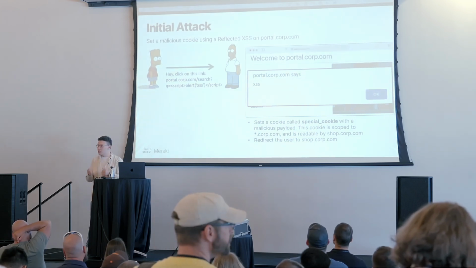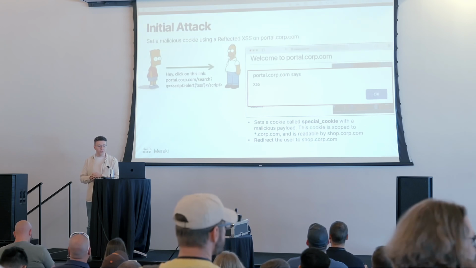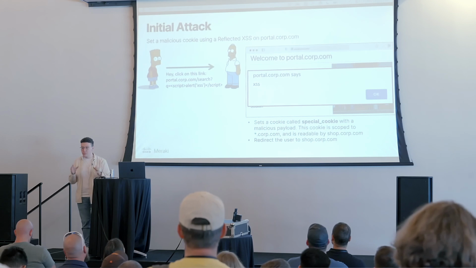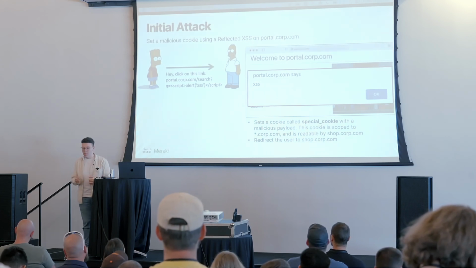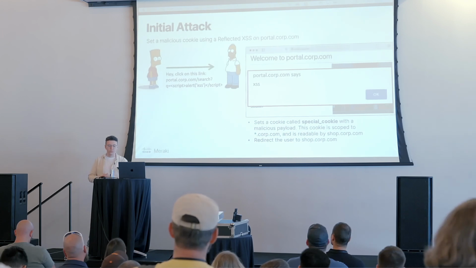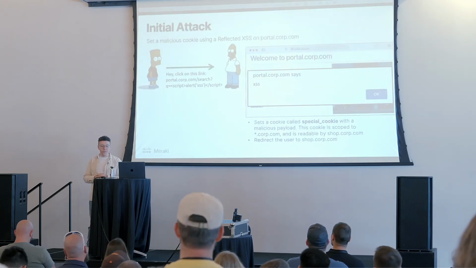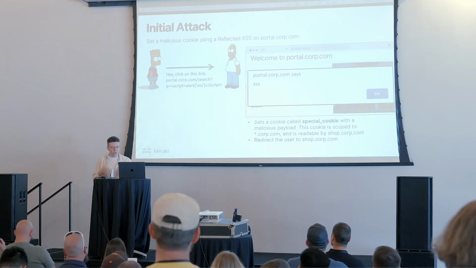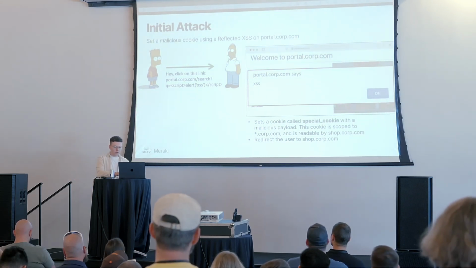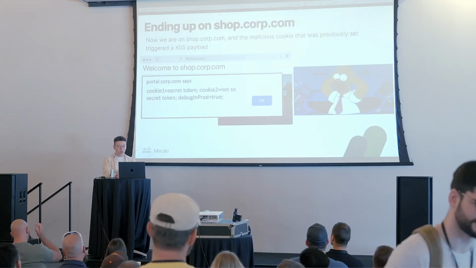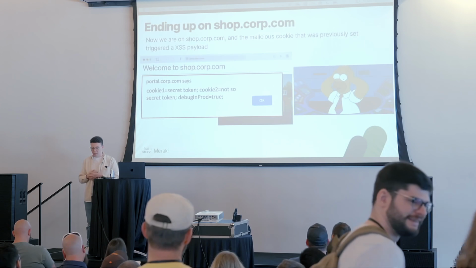What happened is, using JavaScript, the attacker set a cookie called special cookie. This cookie was scoped to all of corp.com's subdomains. The cookie had some strange payload, and then the attacker redirected the user to the shopping site. So for example, we click on this link, we go to the portal site, and then we get redirected to the shopping site, and all of a sudden our cookies get dumped. And we're like, how did this happen?